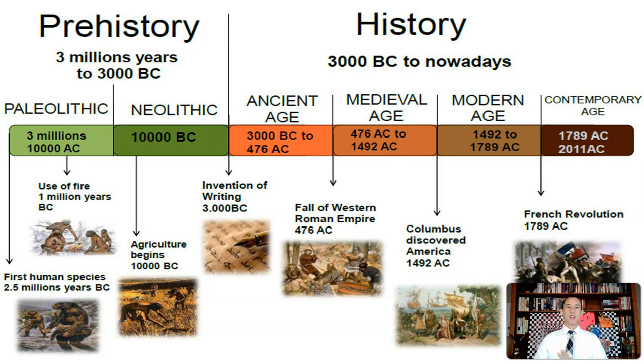But after 1500, the European nation-states will become the dominant powers, and they will remain so until the present. And when I say European nation-states, obviously, the United States is an offshoot of that.